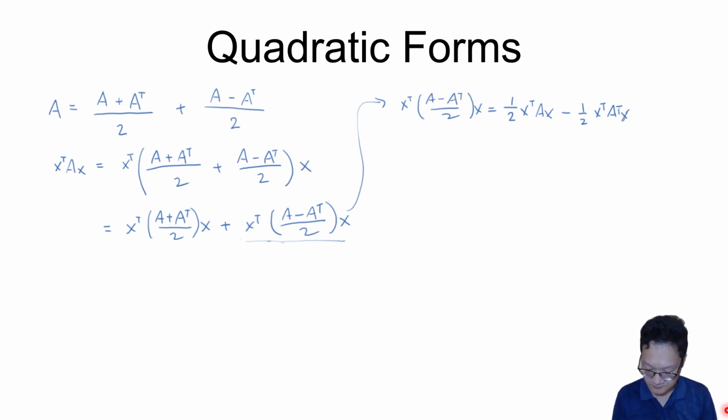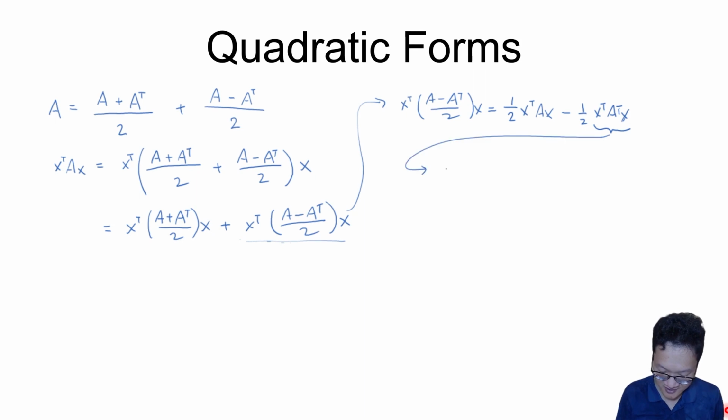For the next step, there are two ways we can do it. The slide shows one way. Just to show you a little bit more, I'm going to do it the other way. So here we're going to look at x transpose A transpose x. Let's continue over here. First of all, the first thing we notice is that x transpose A transpose x is a scalar.